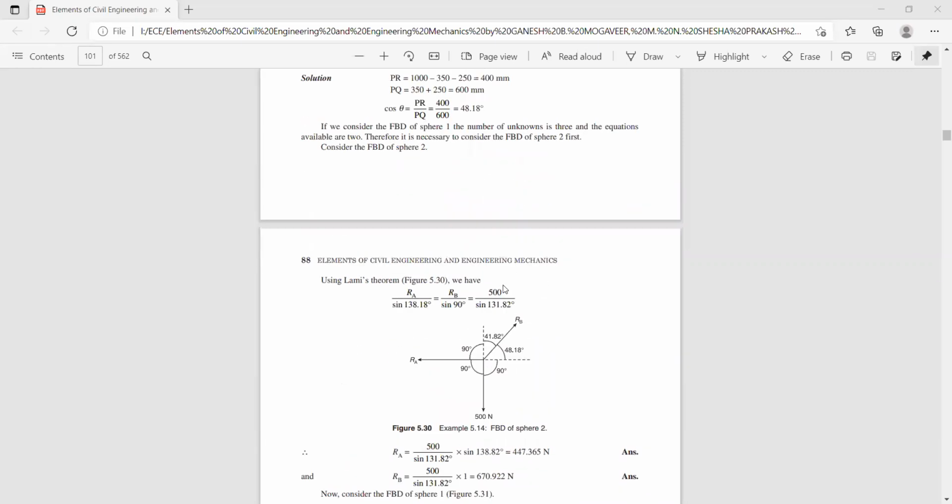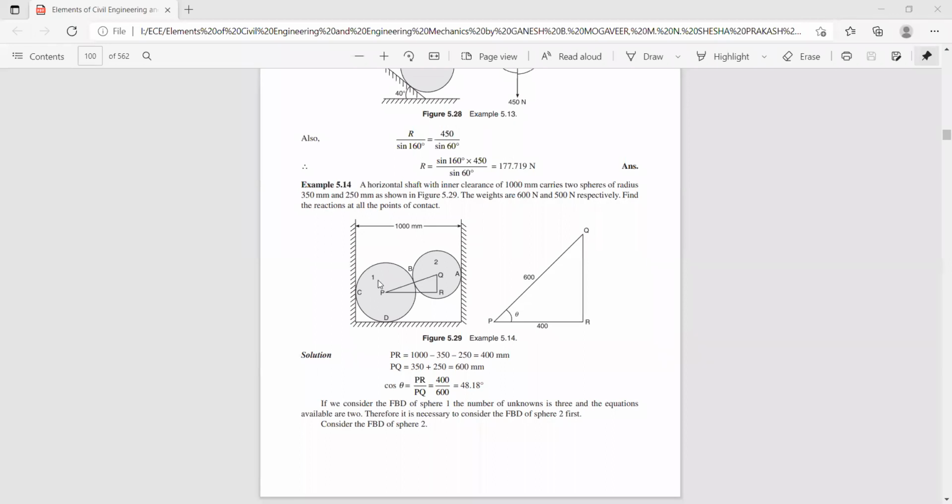So now we have a two spheres problem. First thing is you have to identify the contact points of the sides of the spheres with the sides of the container. Once you find these contact points, you have to name them like A, B, C, D. Then you have to find the contact point between the two spheres, and also find the angles by using the radii and the other dimensions.